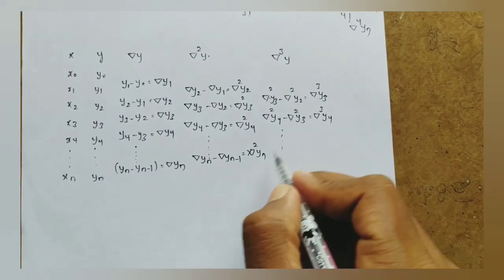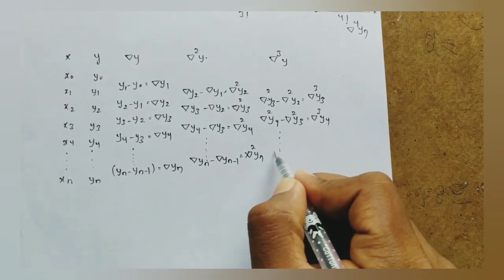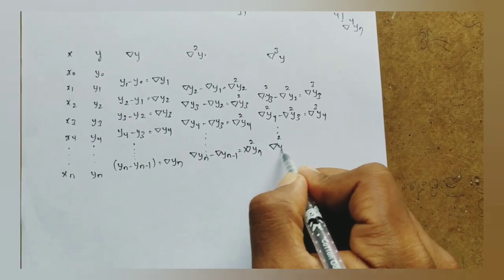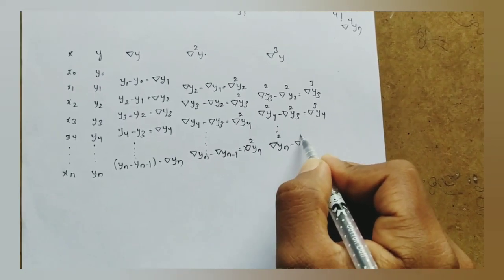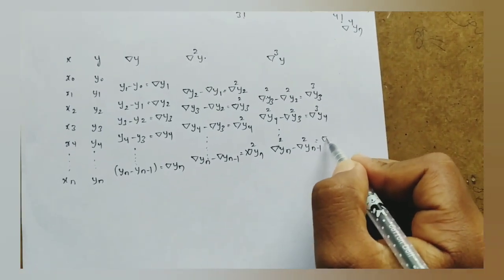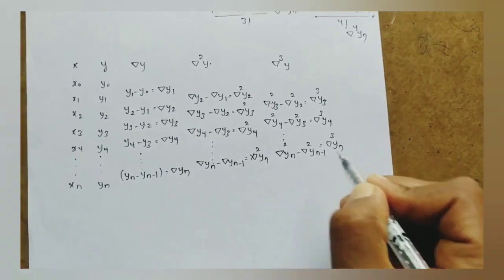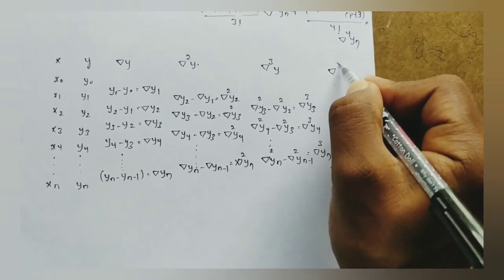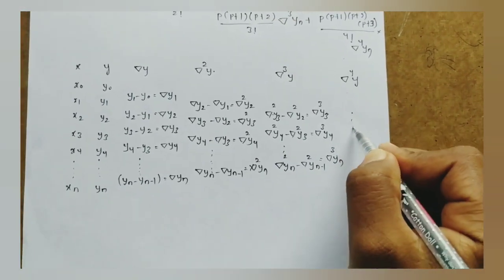Here this is the same. Finally the value of difference of del square yn minus del square yn minus 1 gives the value of del cube yn. Here del power of y also the same.